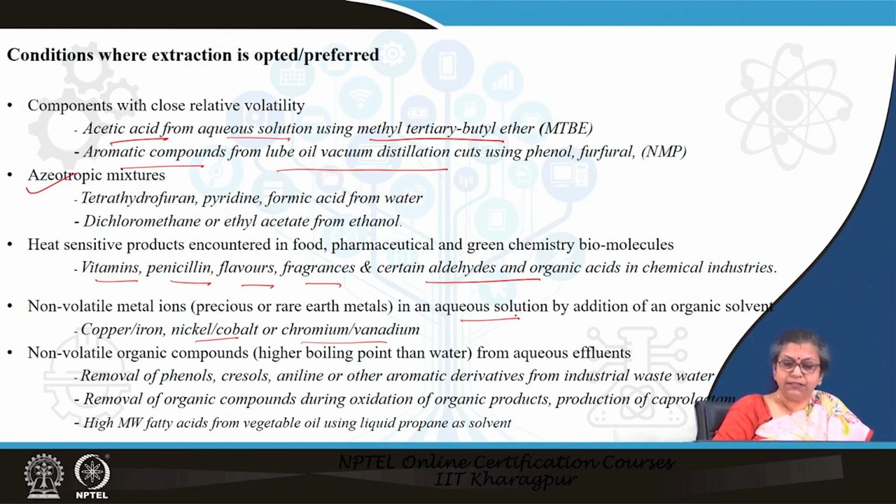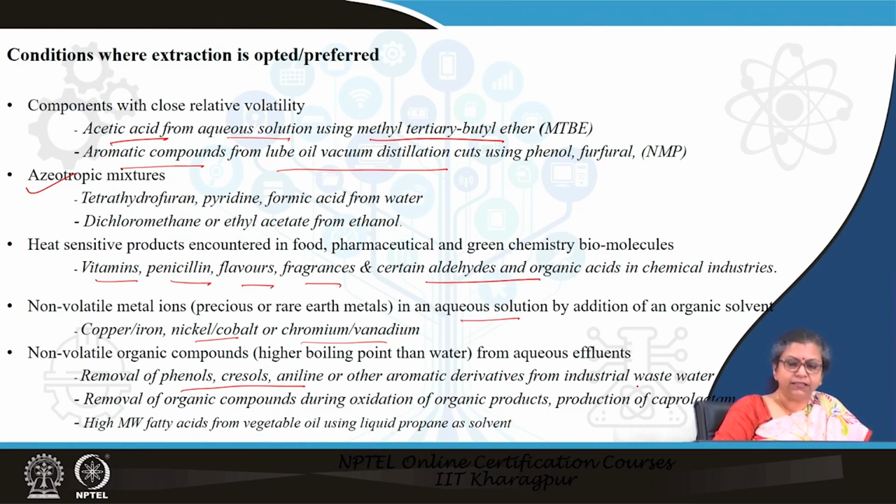There is one other thing also, suppose you have got some non-volatile organic compounds in an aqueous effluent. Say maybe we want to remove phenol, cresol, aniline, etc. from industrial wastewater. For such cases, definitely instead of going for vacuum distillation, etc., it is much more economic to have a proper solvent which can bring about this separation.